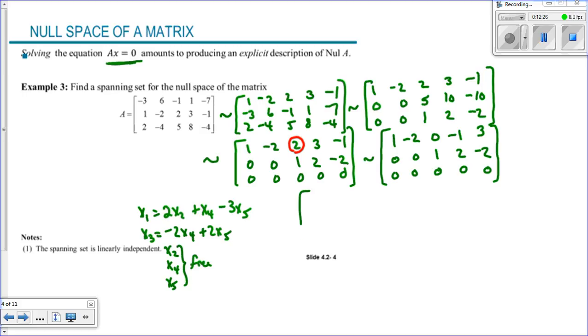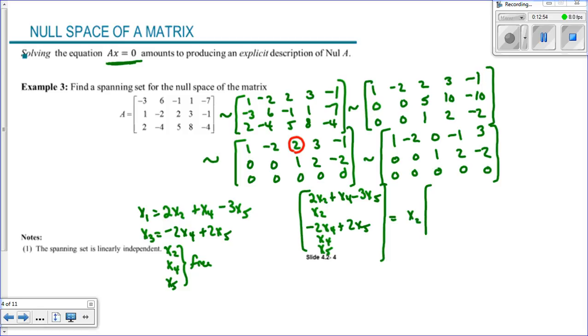So our general solution then would be 2x2 plus x4, this is x1. x2 is free. x3 would be minus 2x4 plus 2x5, and then x4 and x5 are free. Now if you split this, I'm going to take everything with x2's in one vector, everything with x4's in another, and everything with x5's in another, and then factor out.